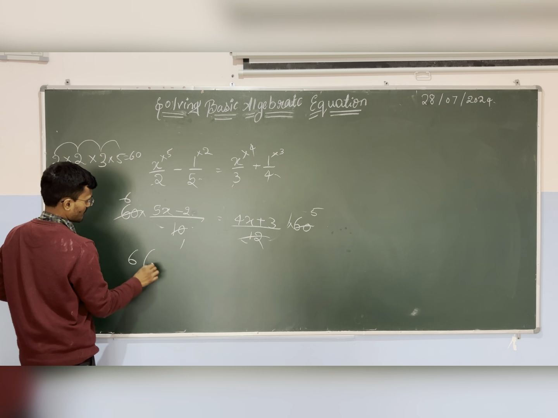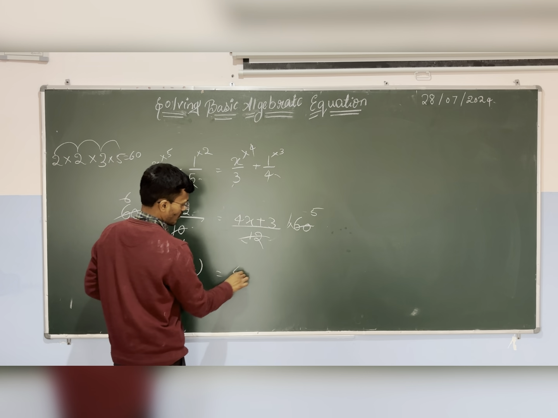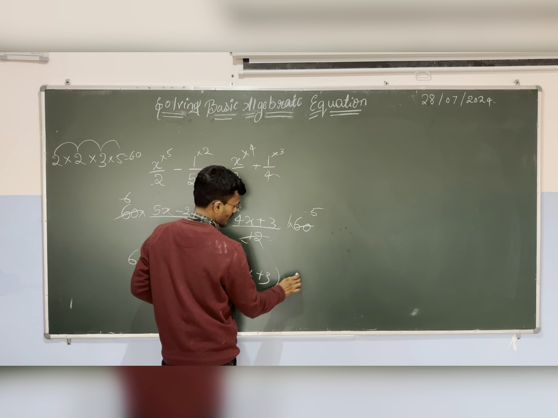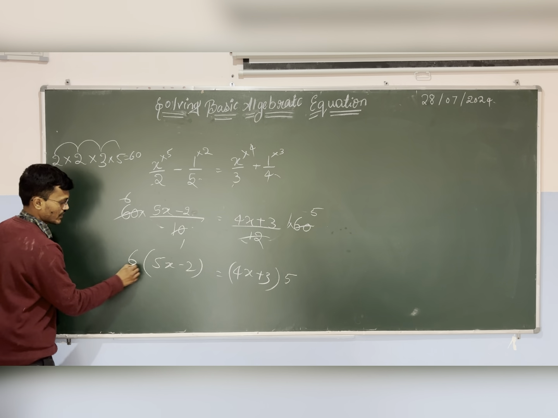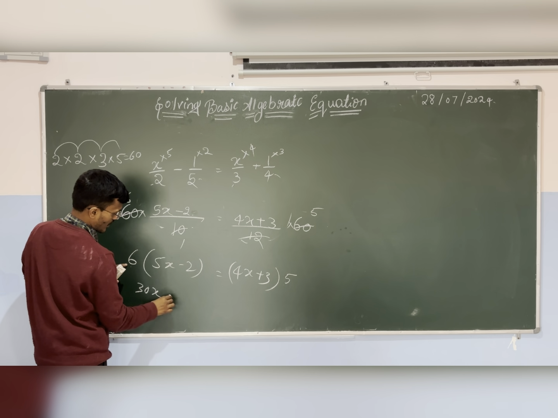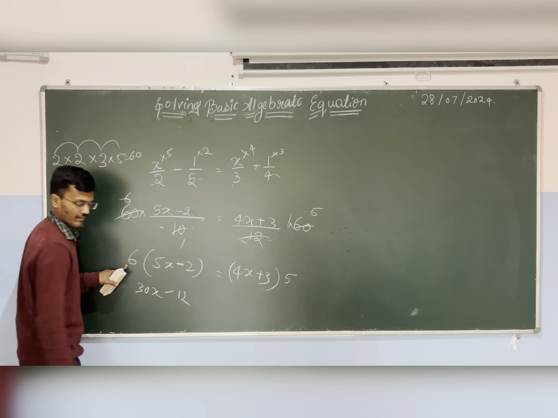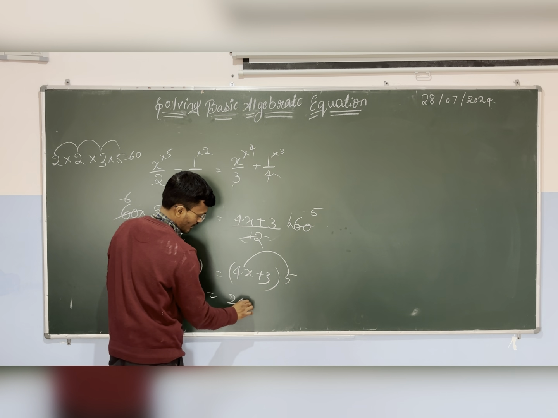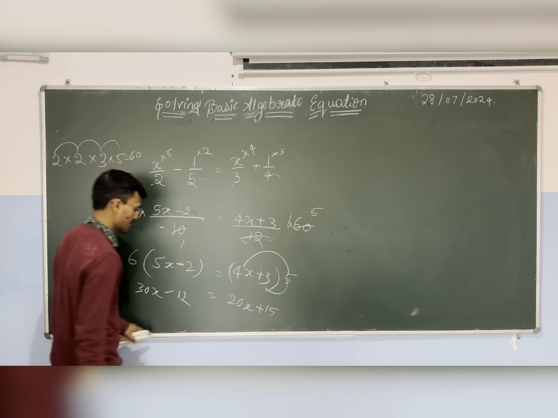So now 6 into 5x minus 2 equal to 4x plus 3 bracket into 5. 6 5s are 30x, 6 2s are 12. So here there is a minus, put a minus, equal 5 4s are 20x, 5 3s are plus 15.